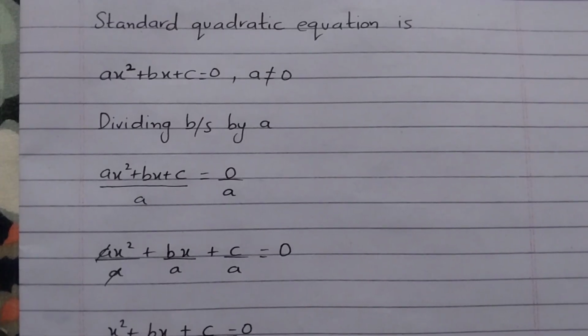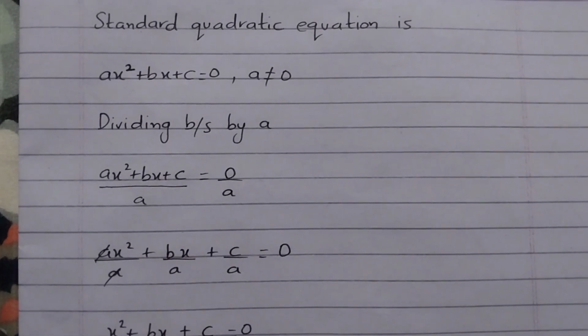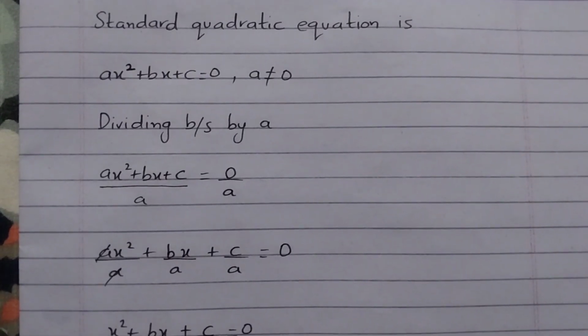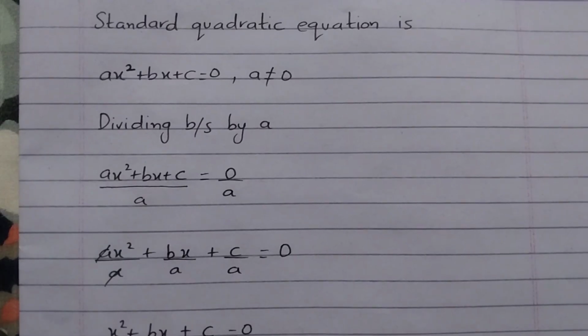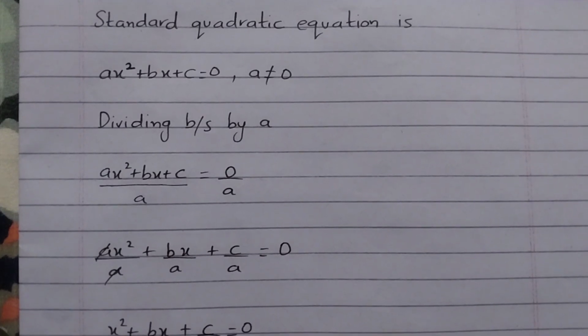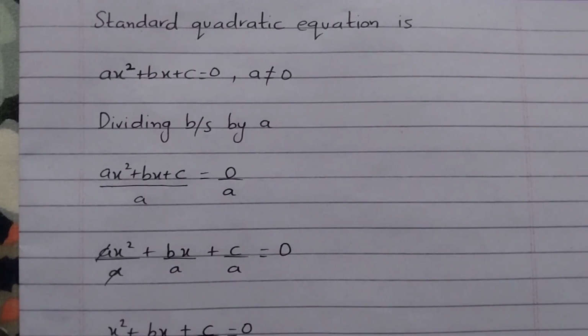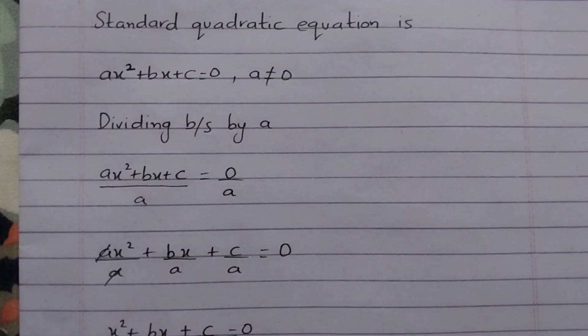What are we trying to prove here? We are trying to find a generalized formula which gives us the solution for this equation. And what do we mean by solution? The solution will be those values of x which satisfy this quadratic equation.